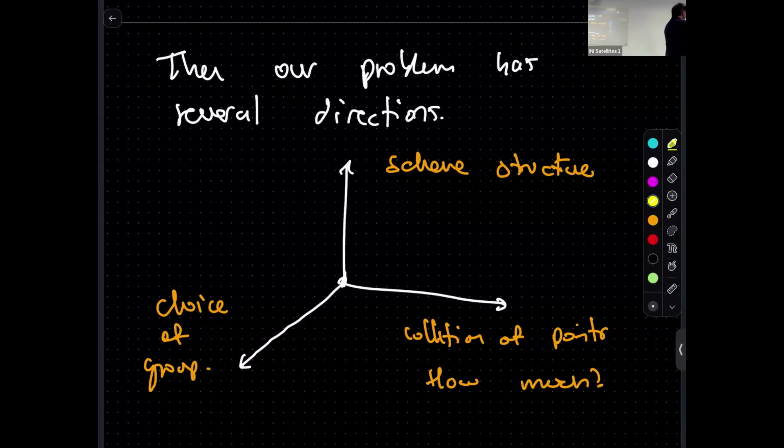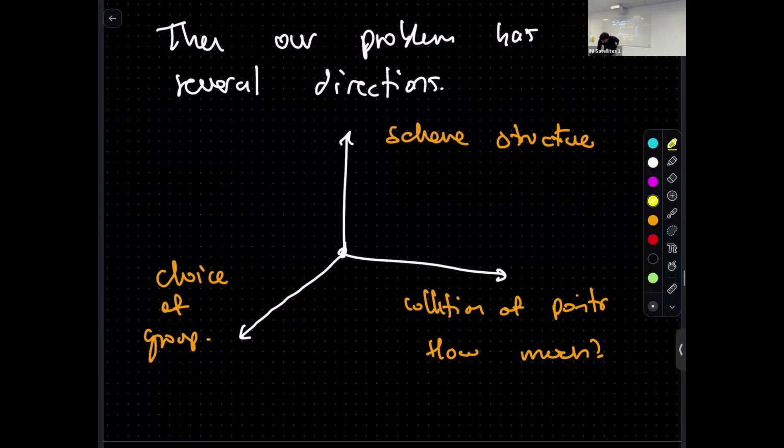And I move everything into P2, but I have to change the group, right? Sometimes it's going to be SL3. If I consider points in P2, sometimes it's going to be the translation and scaling.